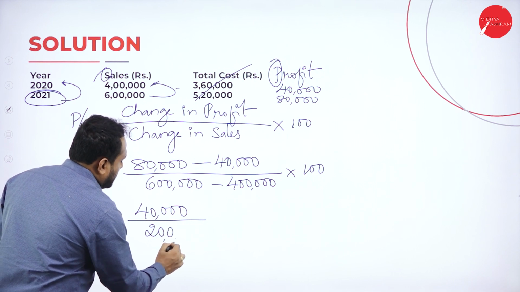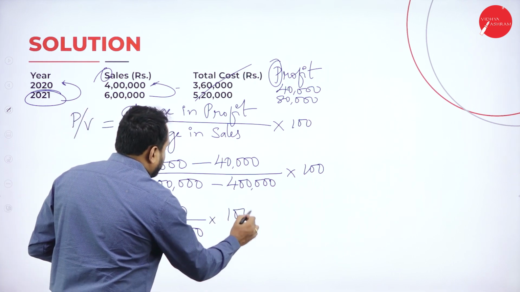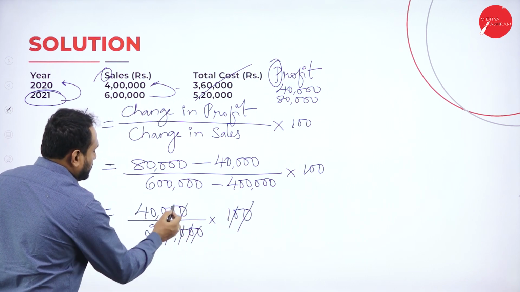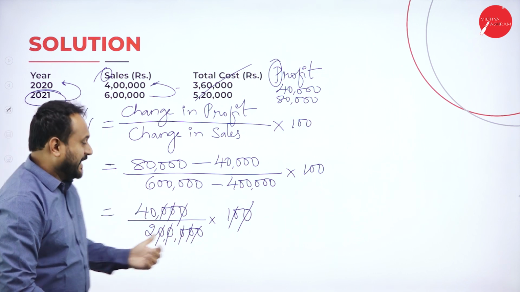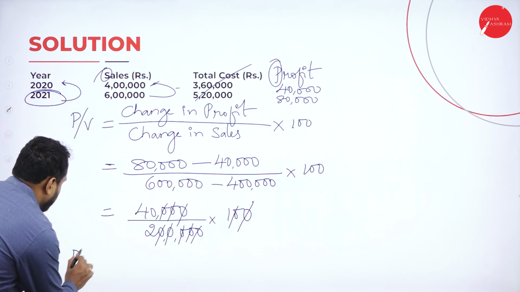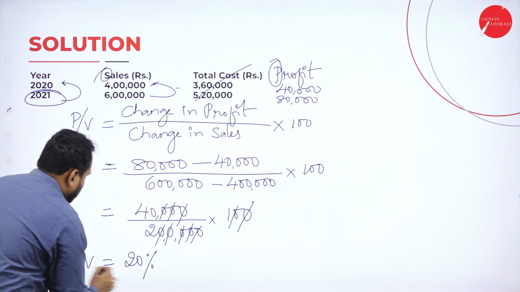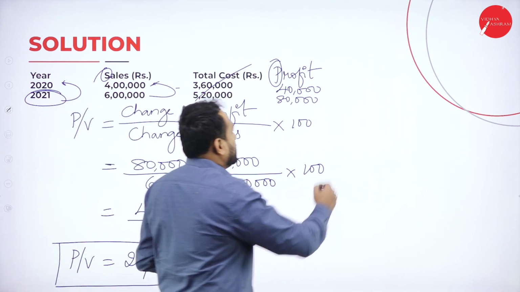I'll write here 2 lakh into 100. Now 2 divided by 40 is how much? 20. So I got my PV. My PV is equal to 20%. See, PV is always in percentage. So I got my PV here.